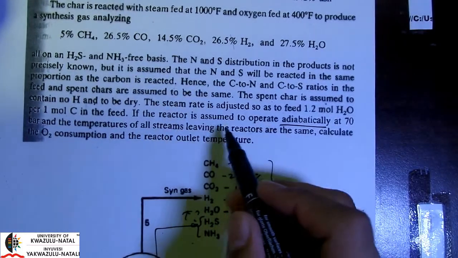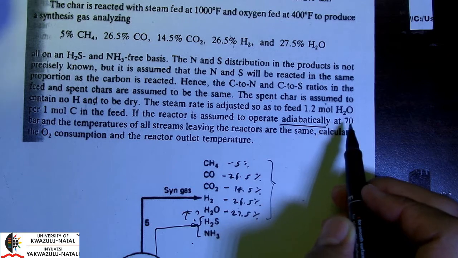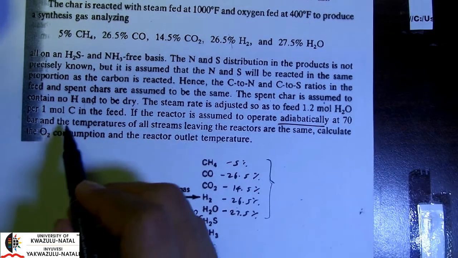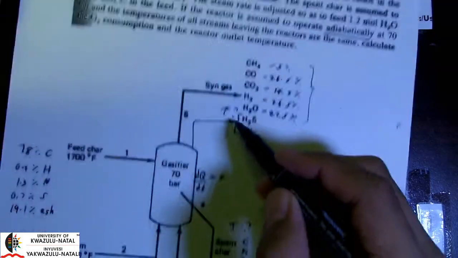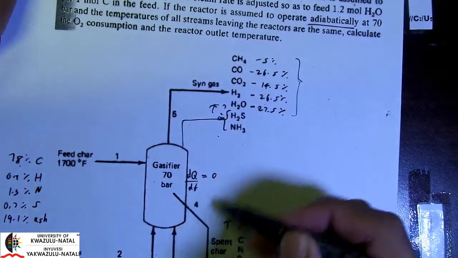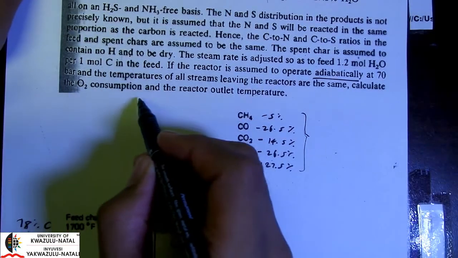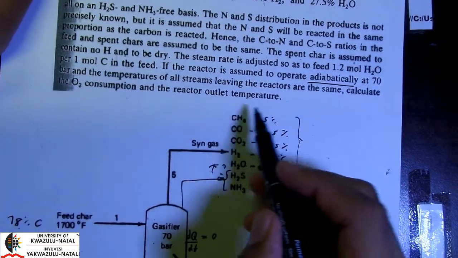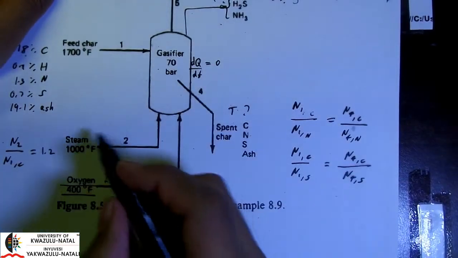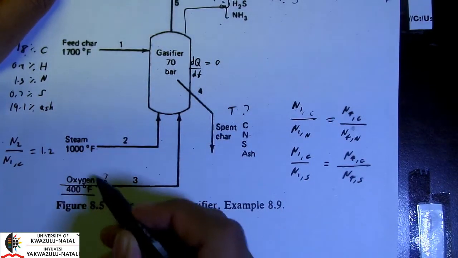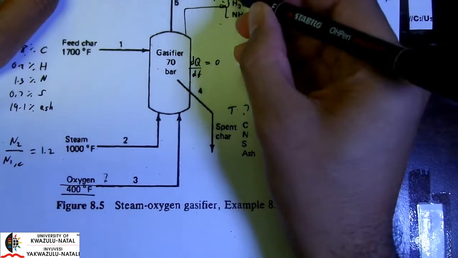And they're telling us that the reactor or the gasifier will operate adiabatically at 70 bar, and all of the temperatures of our outlets will be the same. So the temperature of stream 5 and 4 will be the same. And they want us to calculate the oxygen consumption and the reactor outlet temperature. So they want this oxygen consumption here and the outlet temperature.